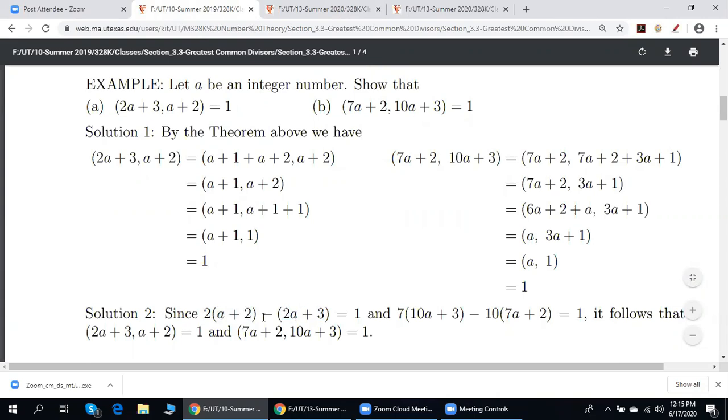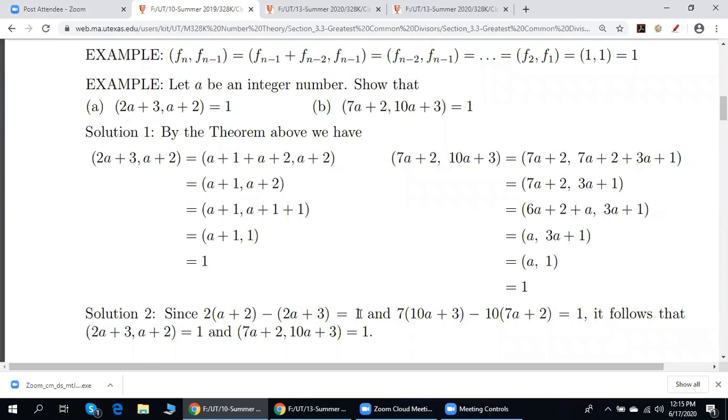So if d divides a plus 1 and 2a plus 3, d divides the whole thing. But the left-hand side is equal to the right-hand side, which is 1. So any common divisor of these two numbers divides 1. Therefore, the greatest common divisor divides 1. Therefore, the greatest common divisor is equal to 1. Done.